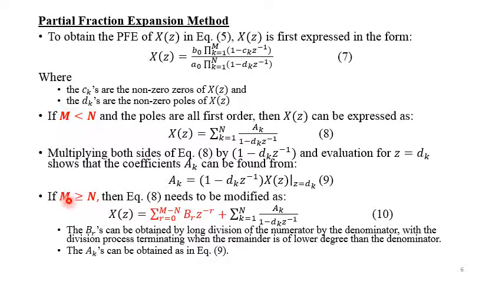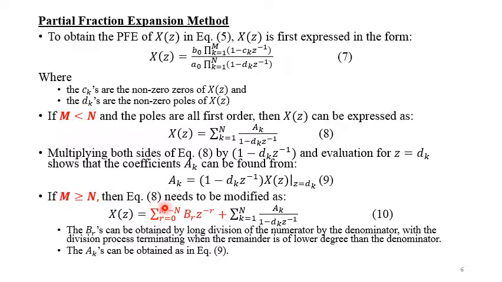Now in the case where the above condition is not met, that means the numerator has degree equal to or greater than the denominator, then we modify equation 8 by adding these terms, that is X of z equals the summation r running from 0 up to m minus n, because we have the difference between the numerator and denominator degree as m minus n, as we say m is greater than n.